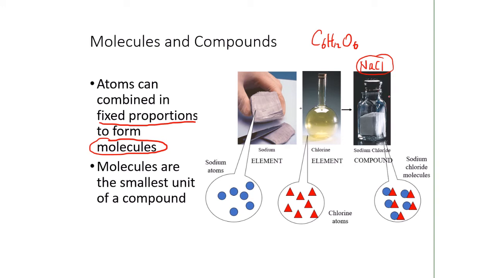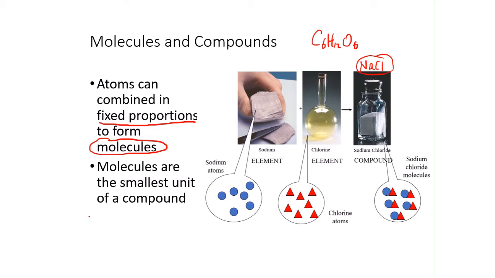Once the atoms combine together to form a compound, the properties of the compound are very different from the individual elements that make it up. Like I said, sodium is explosive, chlorine is poisonous, but sodium chloride we put on our fries all the time, and it's quite safe to do so.